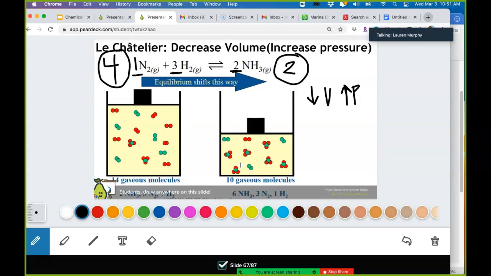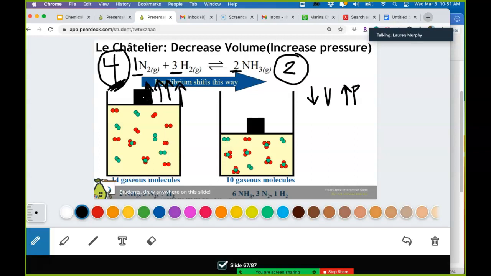Well, the thing is, this side, if you increase pressure, will be affected more because there's more gas. The more gas molecules you have, the more pressure they exert. So the side with more moles of gas will have the stress on it if you increase the pressure. So now I have, think of it like too much pressure.